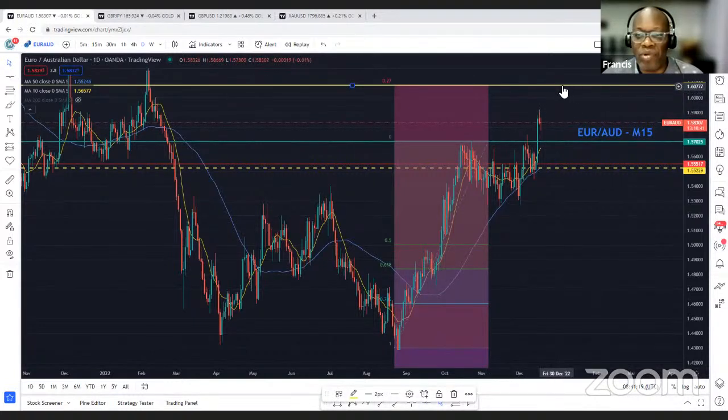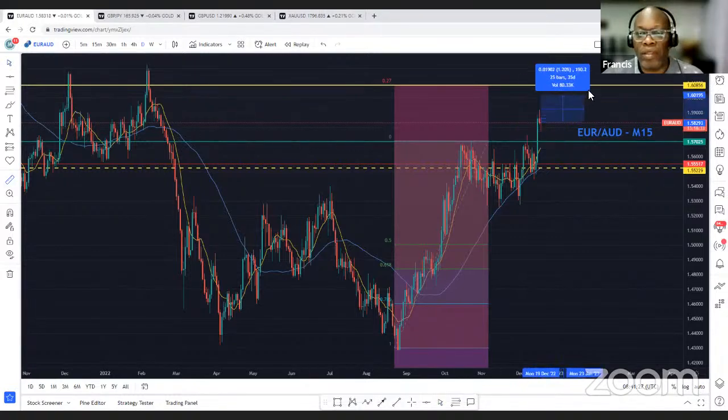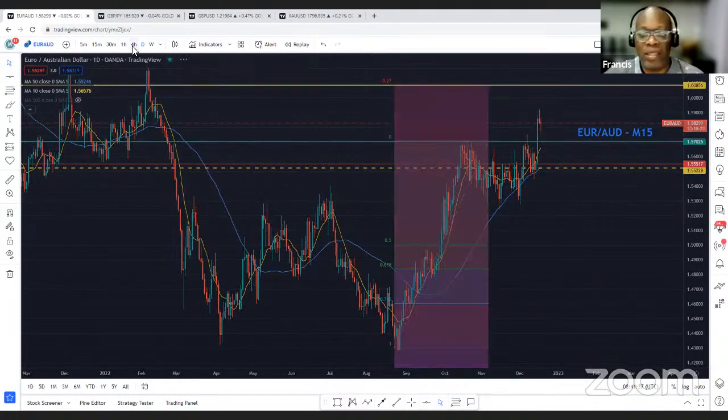I believe it's going to be pushing up, targeting that 0.27, which is almost 250 pips, which will be good. So we need to think of how best to enter this trade, if anything.